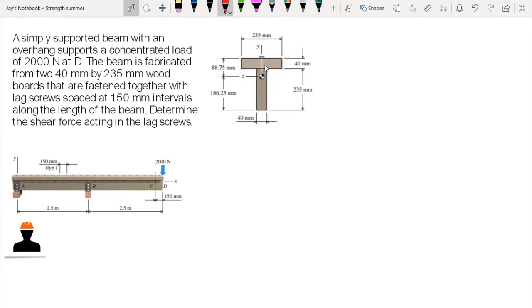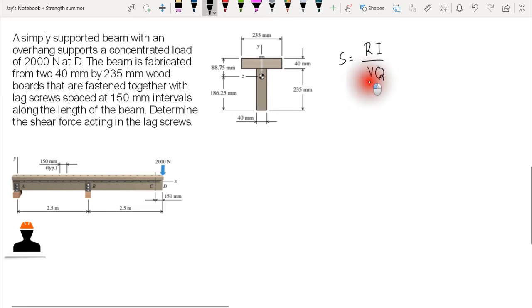So we have the formula for spacing, which is S equal to Ri over VQ. Then our S here is 150 millimeter. R is the one we're looking for in this problem. I is the moment of inertia, V is the internal shear force, and Q is the moment area.